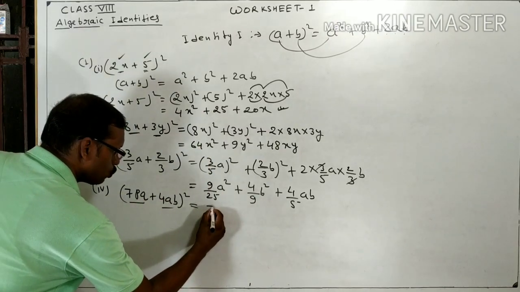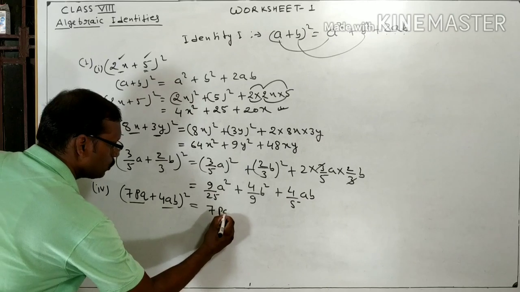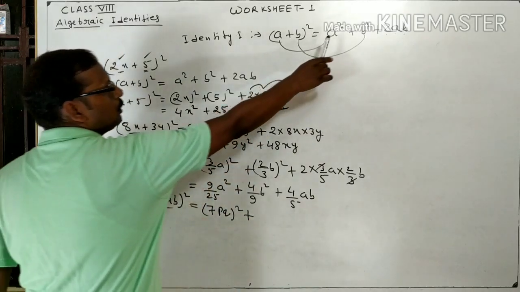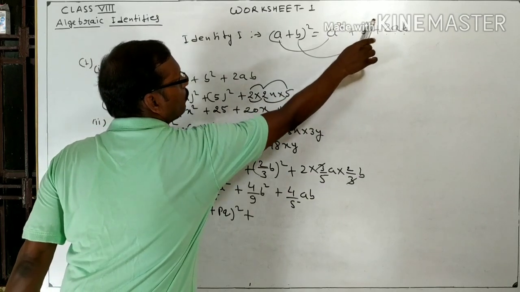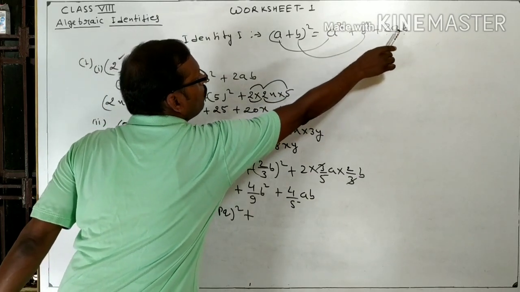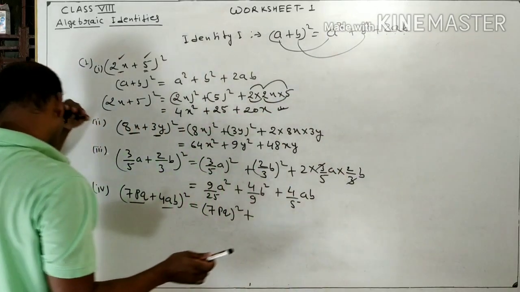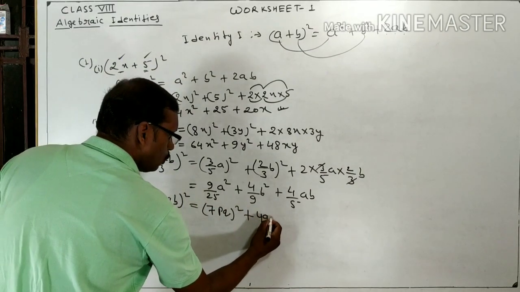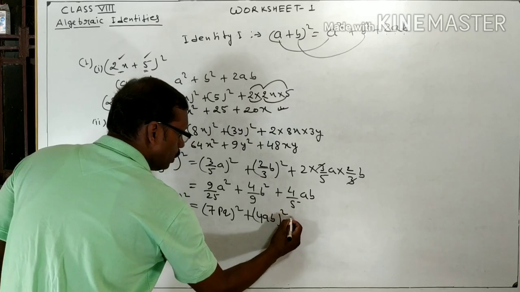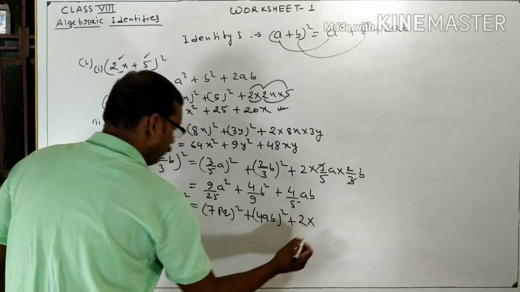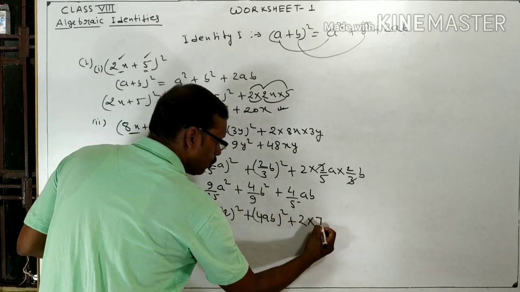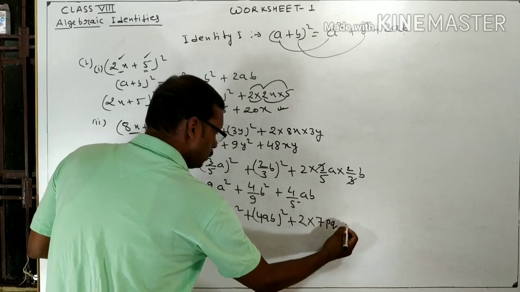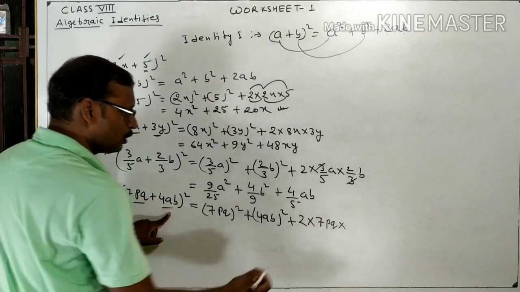So first square the first number, 7pq whole square, plus we are using this identity: first number square plus second number square plus 2 into the product of first number and second number. So (7pq) square plus (4ab) square plus twice the first number and second number. In place of the first number we have 7pq, and into the second number 4ab.